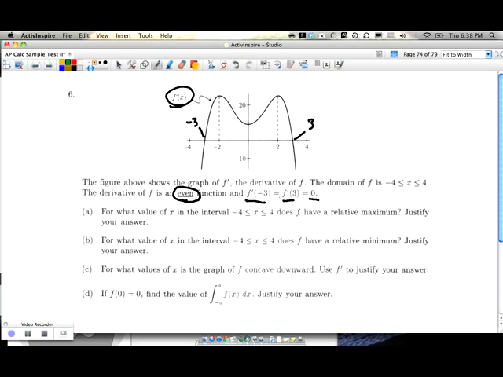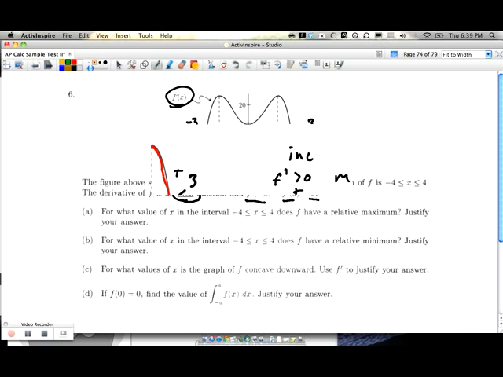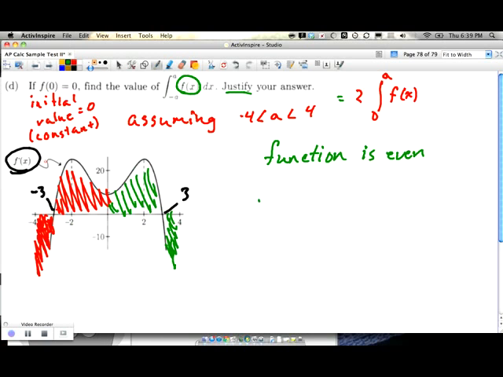So if I were to sketch the original function, that means I'm going down, I hit a point, and then I'm going back up, and then increase a lot, not so much anymore, and I increase even more, and then I'm going to come back down. So this is actually a function that's odd. The function f prime of x is even, but then f of x is going to be odd.